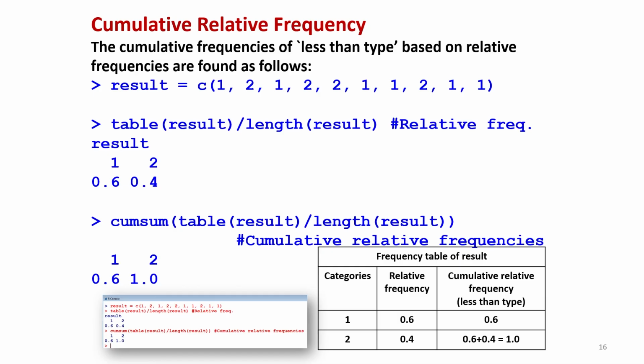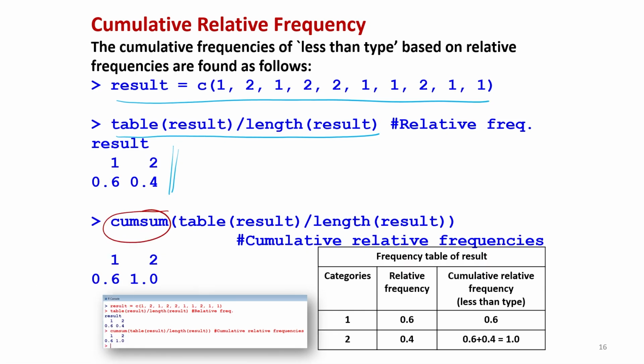Similarly, if you want to find the cumulative relative frequency, you know that it is straightforward. You simply have to divide the results by the length of the result. You can see here in the first line we have the data result, and then we found the relative frequency, which you know how to find. And now you are using the command cumsum with the table divided by the length of the data vector.